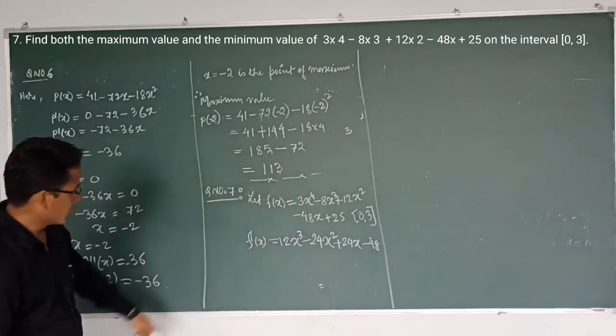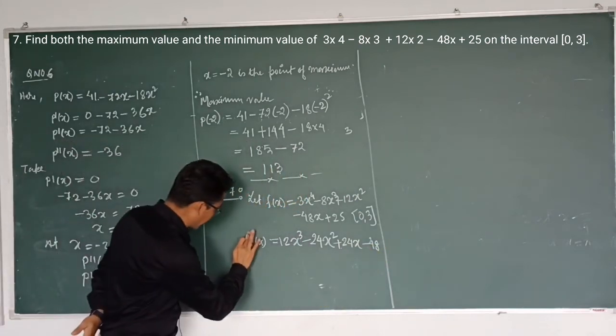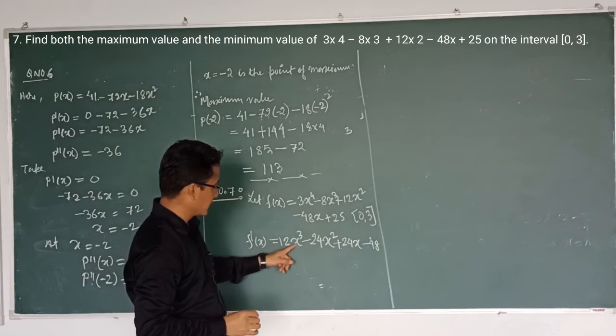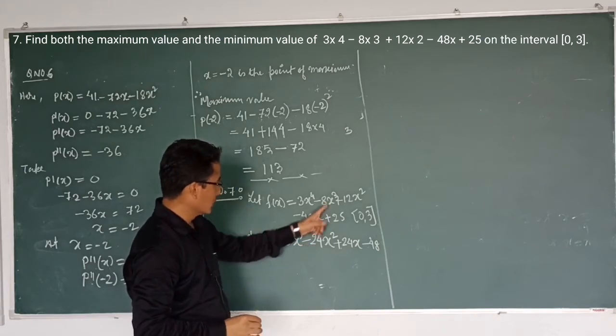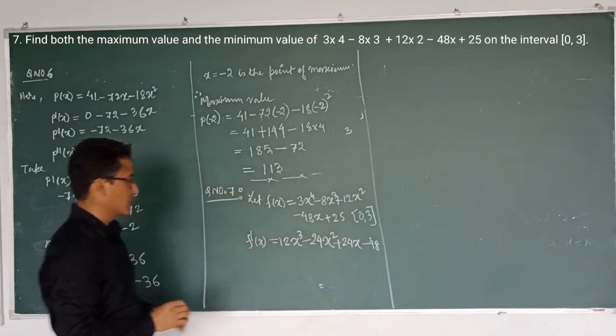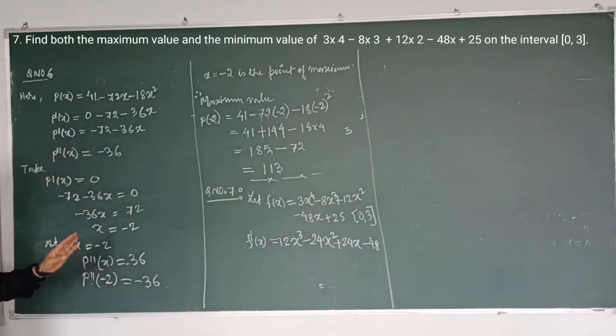So f dash x equals 12x cube minus 24x square plus 24x minus 48.